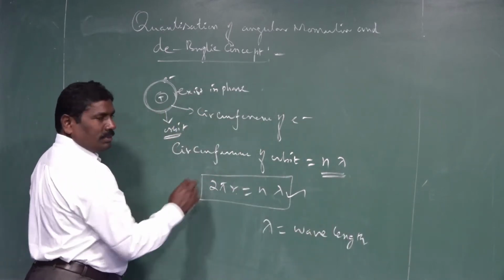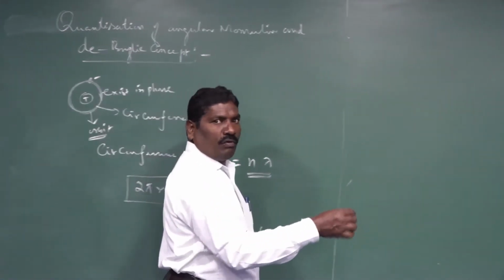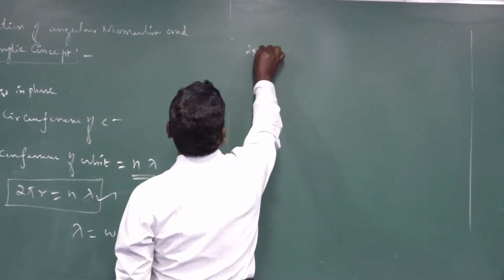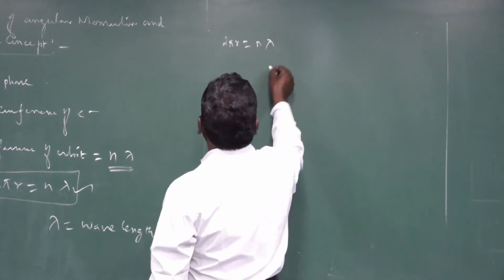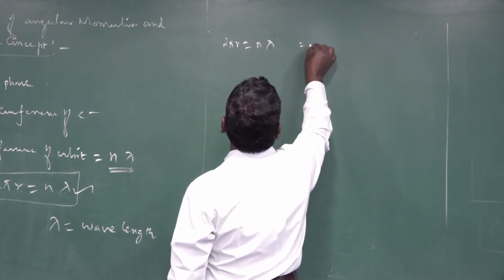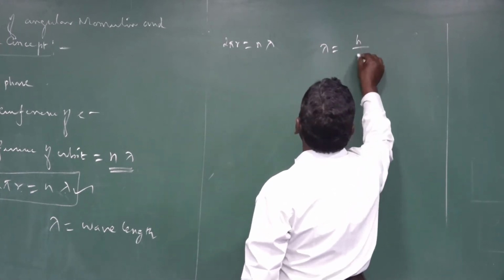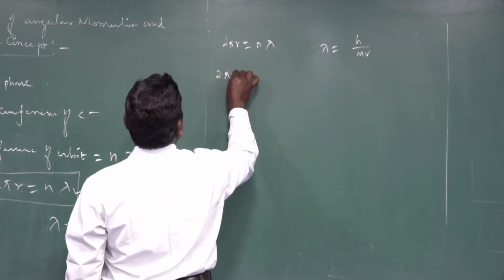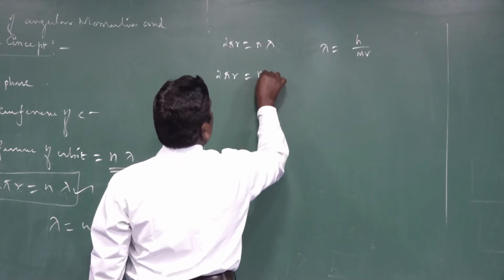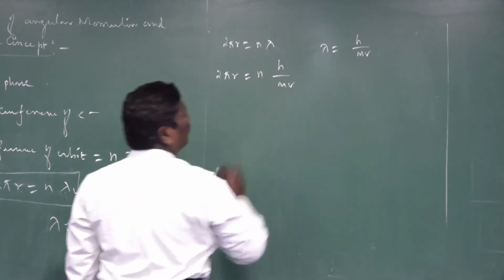From this concept, 2 pi r is equal to n lambda, and we have derived already that lambda is equal to h by mv. Now substitute this value: 2 pi r is equal to n into h by mv.